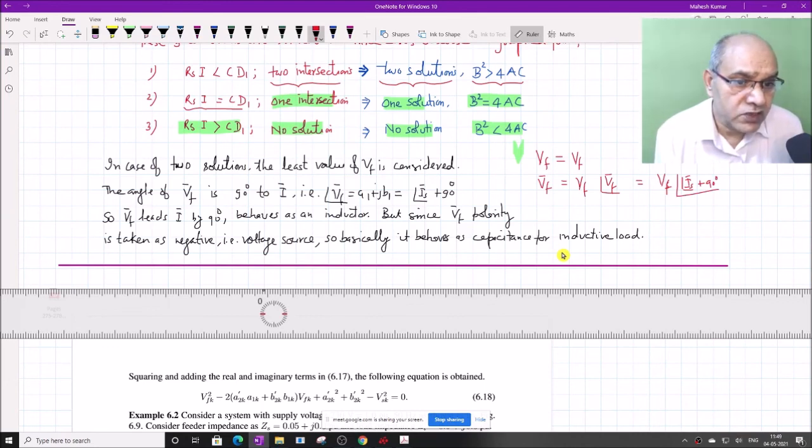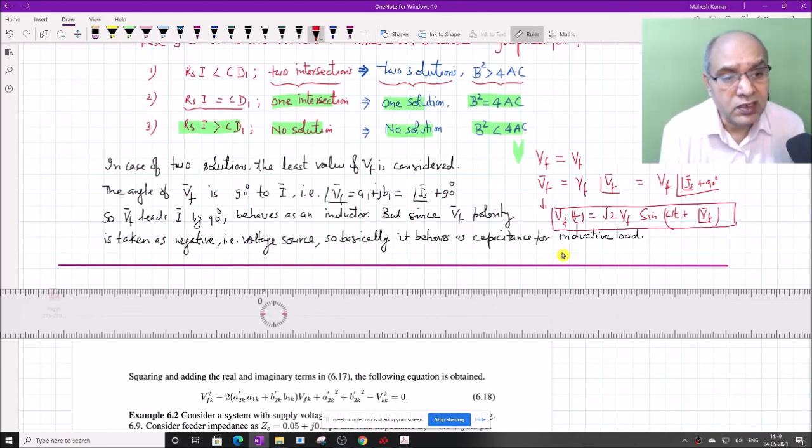And once I know this BF, then I can find the time domain expression of BF as a function of time, root 2 into VF into sine omega t plus the angle of this BF. And once I know this expression, then we can use an inverter, any power circuit, to realize this voltage, to compensate the voltage.